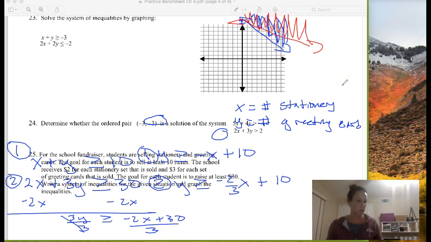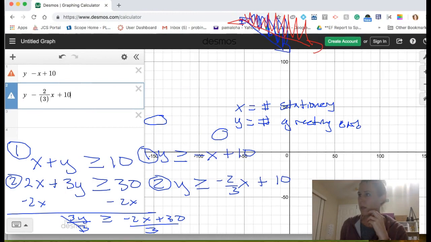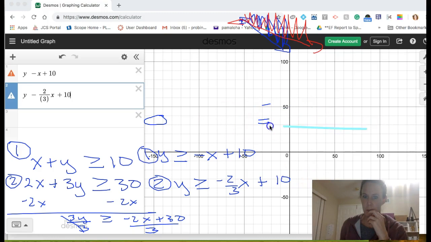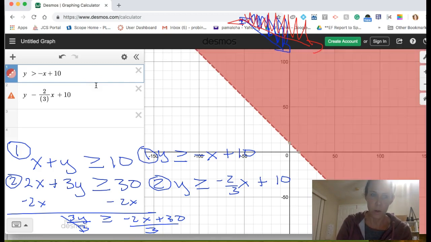If I want to do this real quick on Desmos and see what the graph looks like, let's see what that looks like. Okay, I pulled up Desmos and I'm going to erase some of this so I can see Desmos. Okay, and I typed in most of it. So here I wanted y to be greater than or equal to negative x plus 10, there's your red graph.